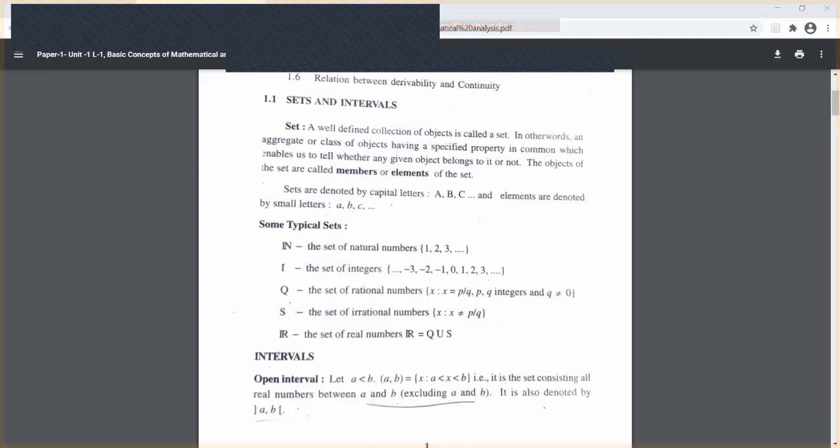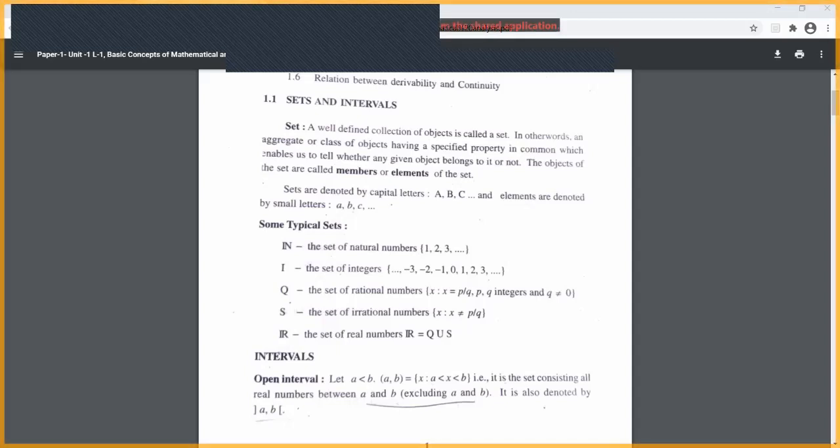Q is the set of rational numbers, x such that x is p by q, where p and q are integers and q is not equal to 0. Capital S is the set of irrational numbers, defined as x such that x is not equal to p by q.